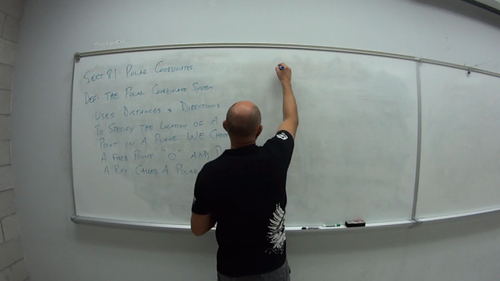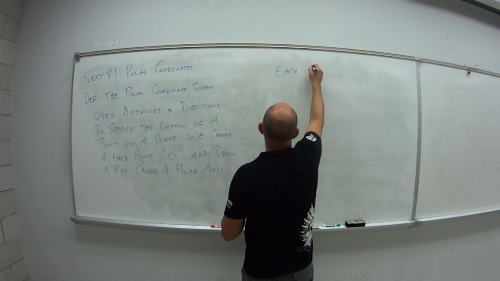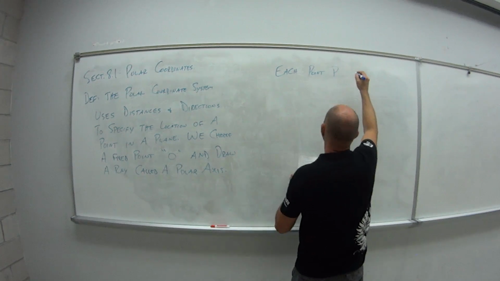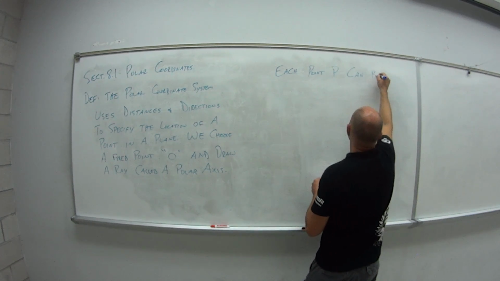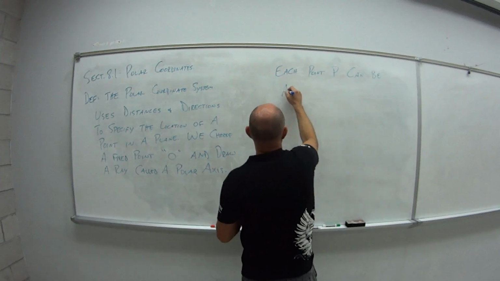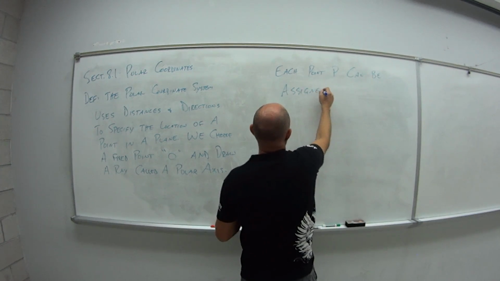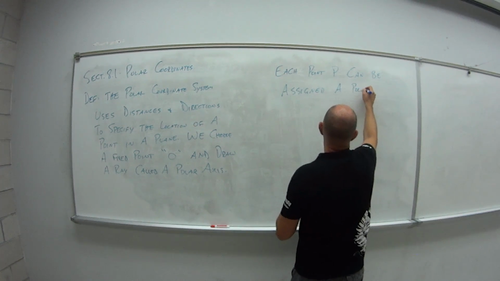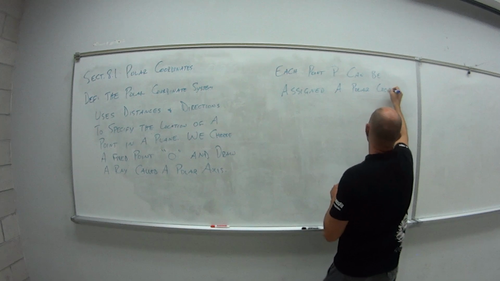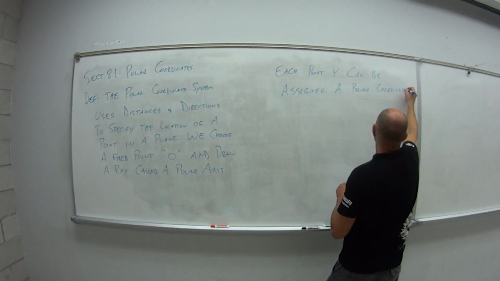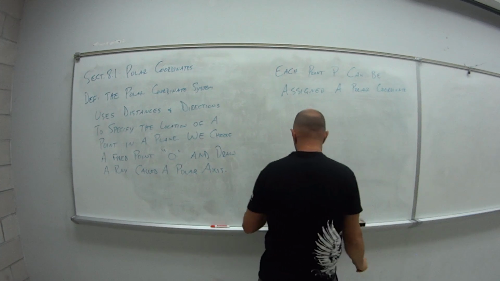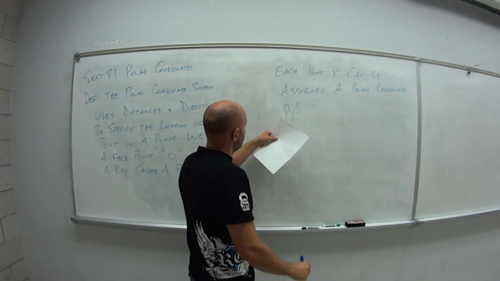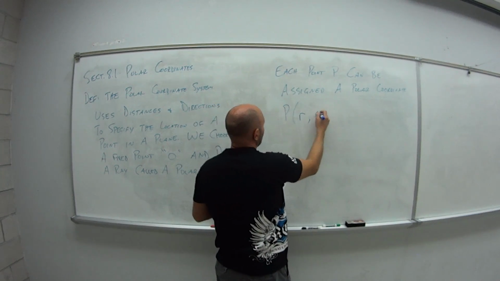So each point P can be assigned a polar coordinate. We identify that as P and then r, theta.